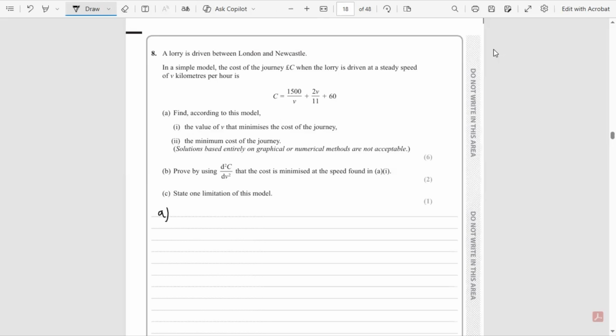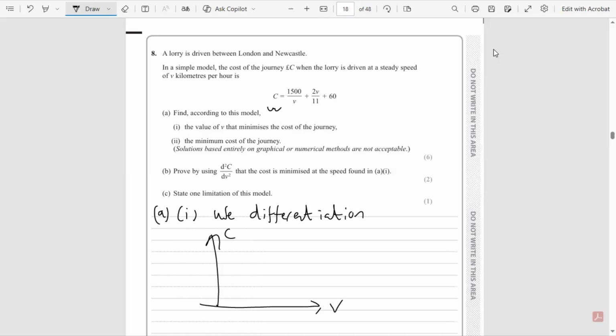When we want to minimize the cost, or minimize a variable in a formula like this, in this case the dependent variable, we need to use differentiation. If you forgot why, I will briefly explain. Imagine the curve for this journey, with C on the y-axis and the independent variable V on the x-axis.